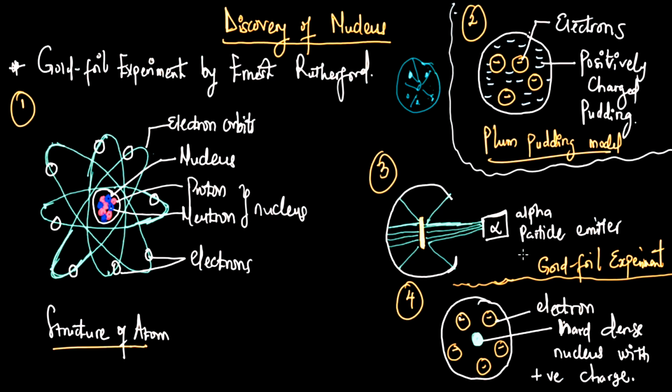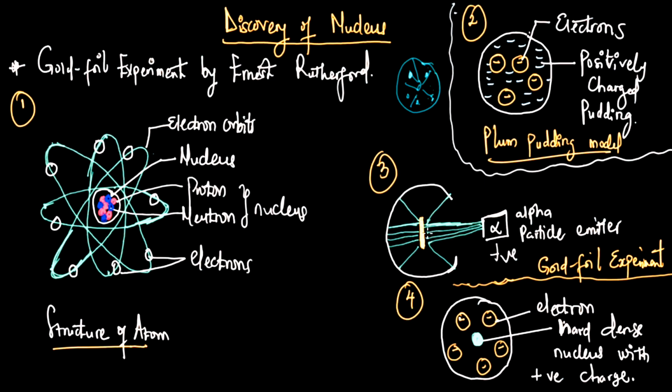So this is the structure of the Gold Foil experiment. In Rutherford's Gold Foil experiment, alpha particles, which are known to be positively charged, were fired at the thin gold foil, and most of these particles passed straight through the gold foil, indicating that the atom might be composed mostly of empty space.